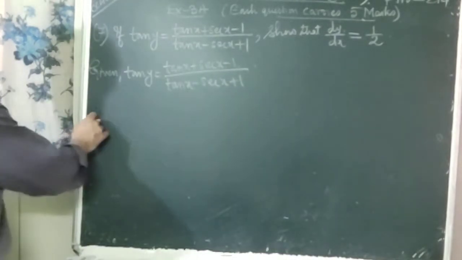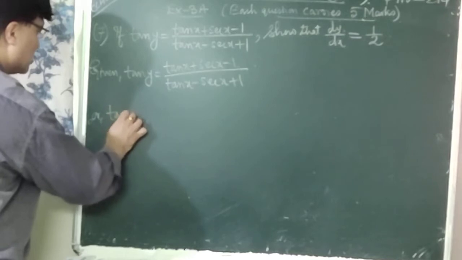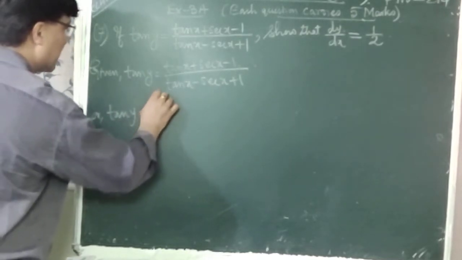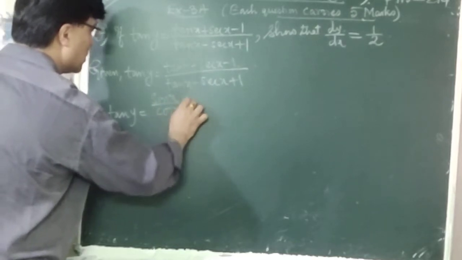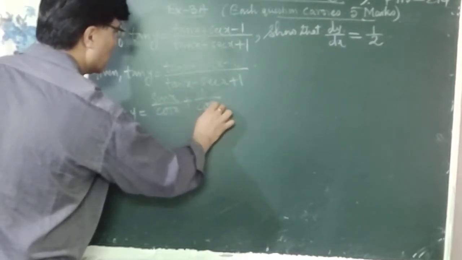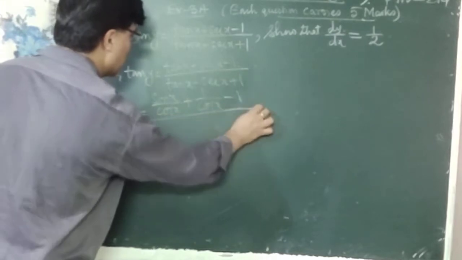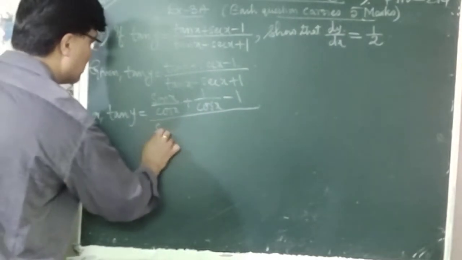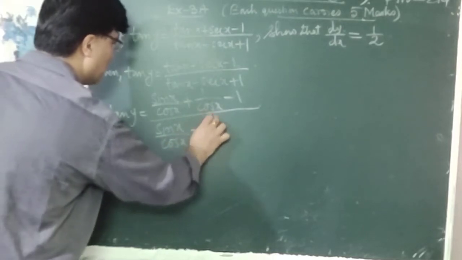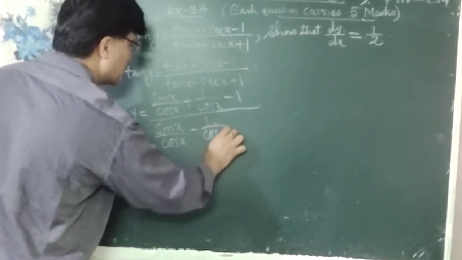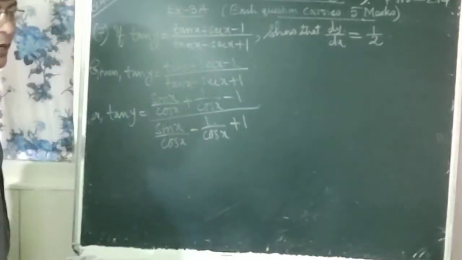So let us write it in terms of sine and cos. So tan y is equal to, what is tan x? It is sine x by cos x. What is sec x? 1 by cos x minus 1 whole divided by, what is tan x now? It is sine x by cos x minus 1 by cos x, and this is plus 1.